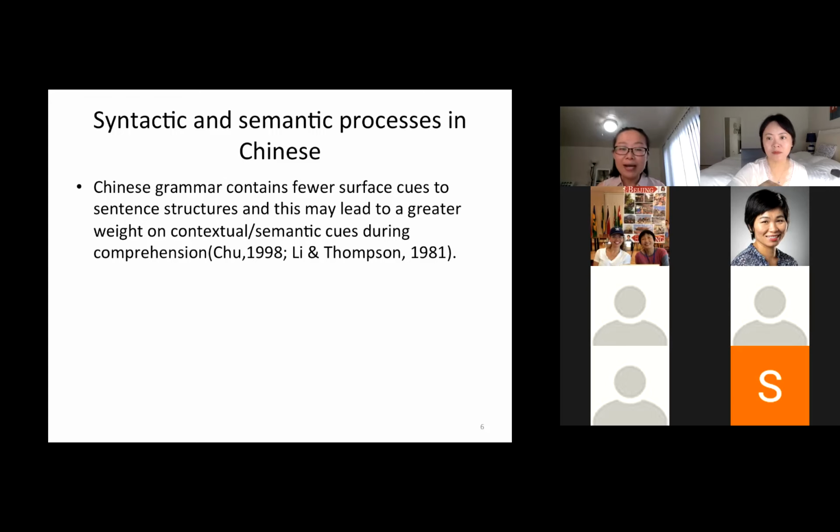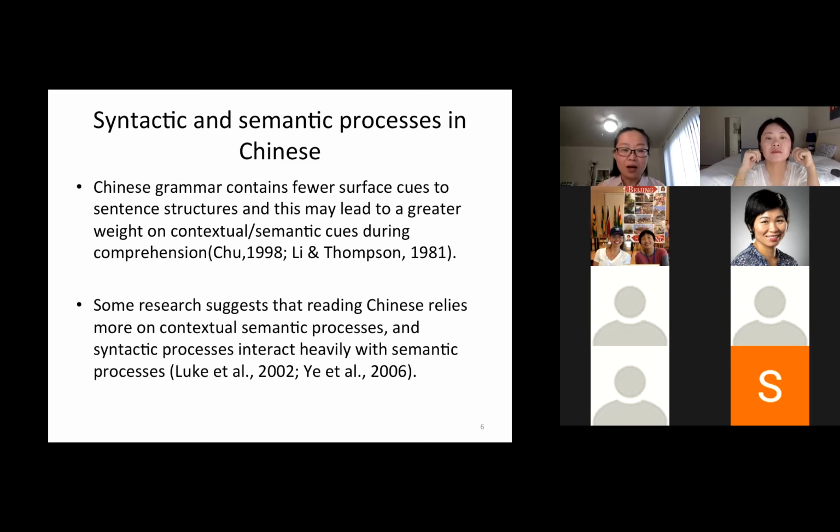So this might lead to a greater weight on semantic cues during comprehension. Some research suggests that reading Chinese relies more on semantic processes, and syntactic processes also interact heavily with semantic processes. But most of those studies are based on comprehension.